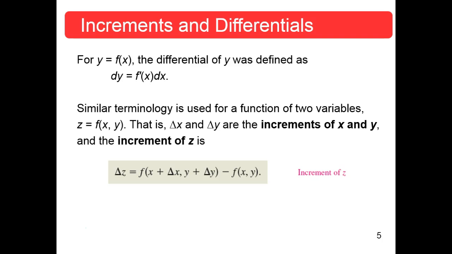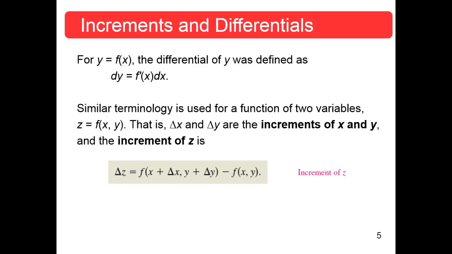Delta z. And what is that delta z? Well, it's the change of z. The new z was here, the old z was there. So the delta z is the difference between them. That's f of x plus delta x, comma, y plus delta y, our new z, minus the old z, and that's your delta z.